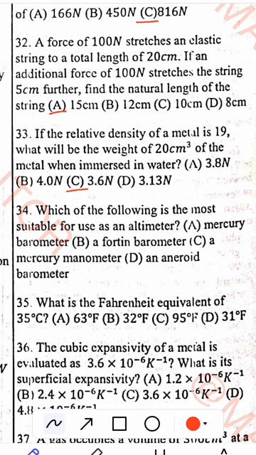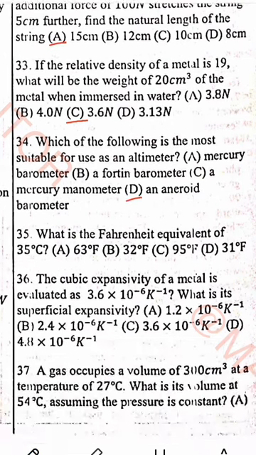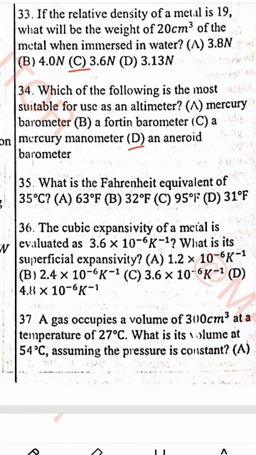The best option to question 34 is option D. So let's move to question 35. The best option to question 35 is option C. So let's move to question 36.